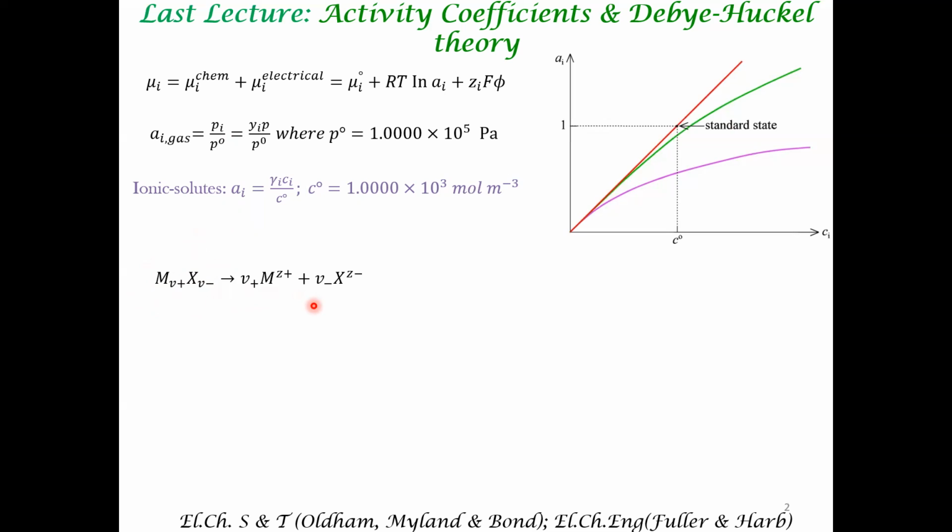We also have an intuitive understanding of the limiting behavior of activity at low concentration. At low concentration, the distance between one solute and another is so large that there is no interaction between them. Therefore, we have a limiting behavior that the activity coefficient will tend towards 1 as the concentration goes towards 0. So we have an asymptotic behavior for gamma i as Ci tends towards 0.